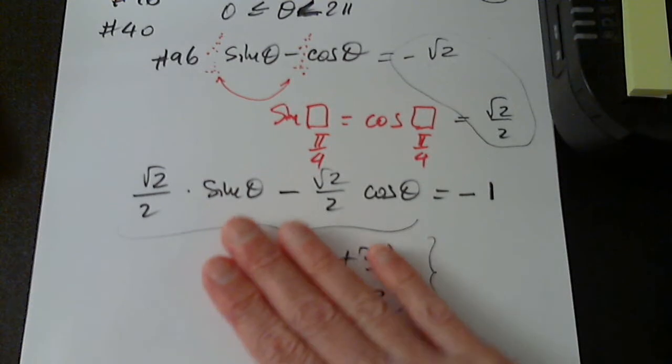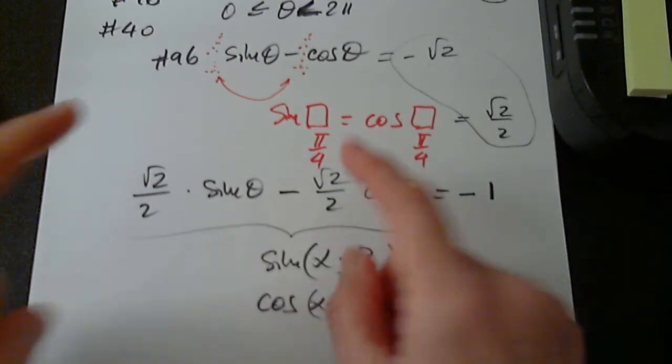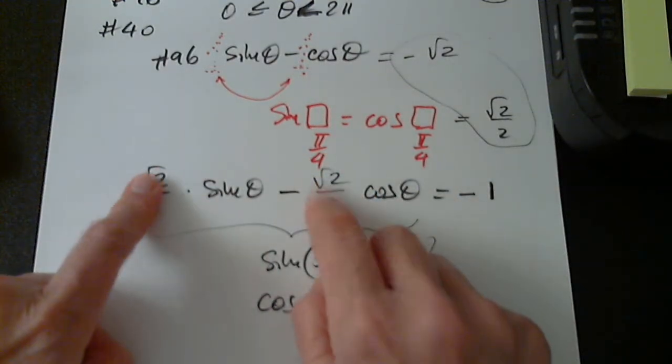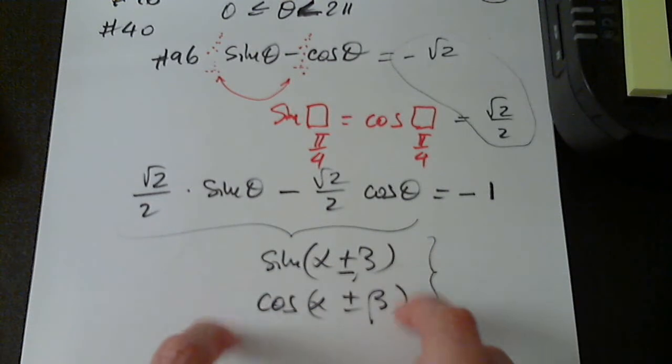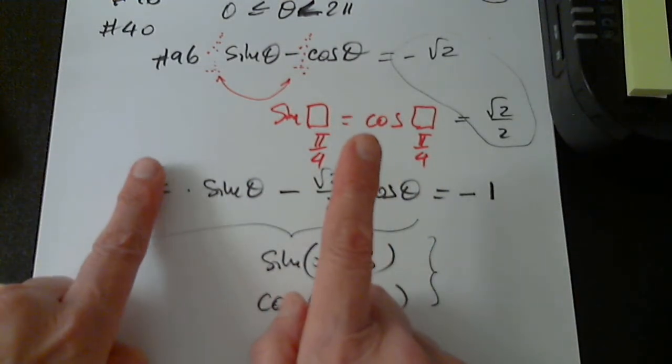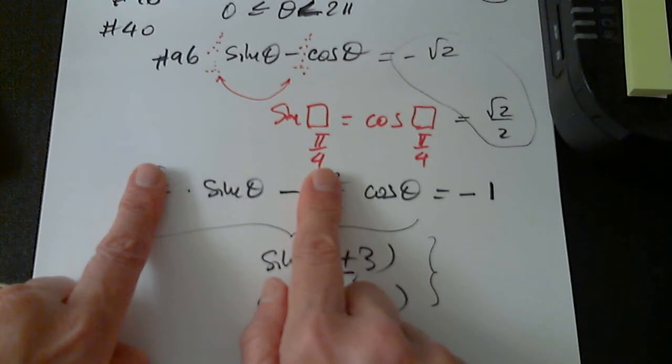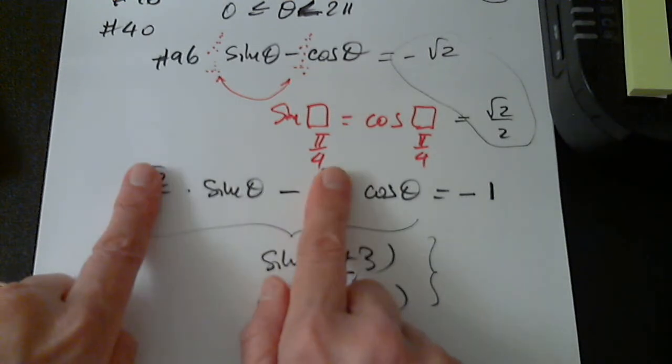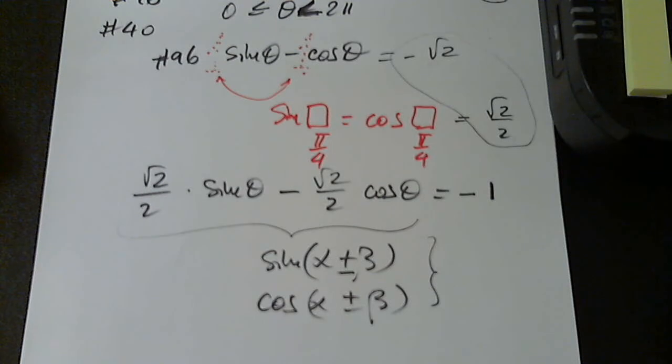So I don't want to confuse you. Let's go back. So these two have to be replaced by something, so I can use one of these two. I can replace sine, sine or cosine, cosine of pi over 4. It doesn't matter which one, but we have to choose one.